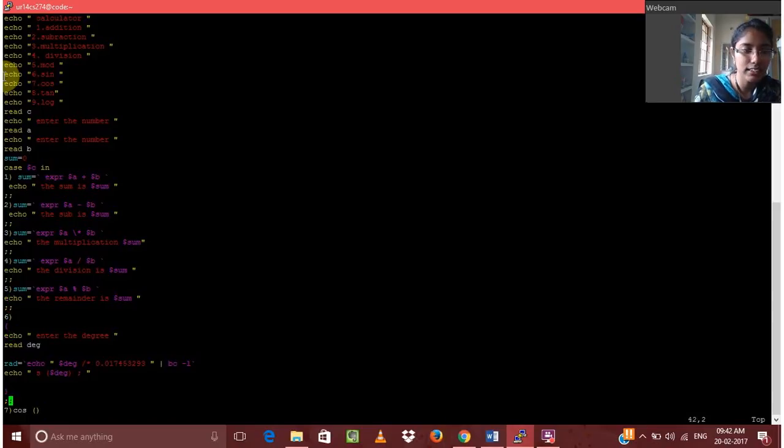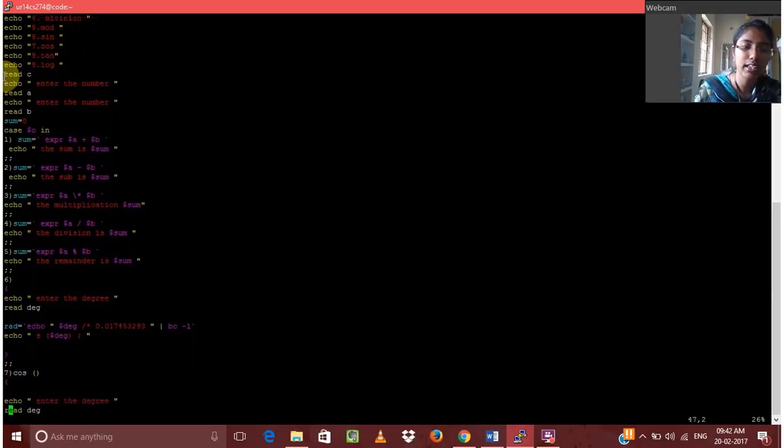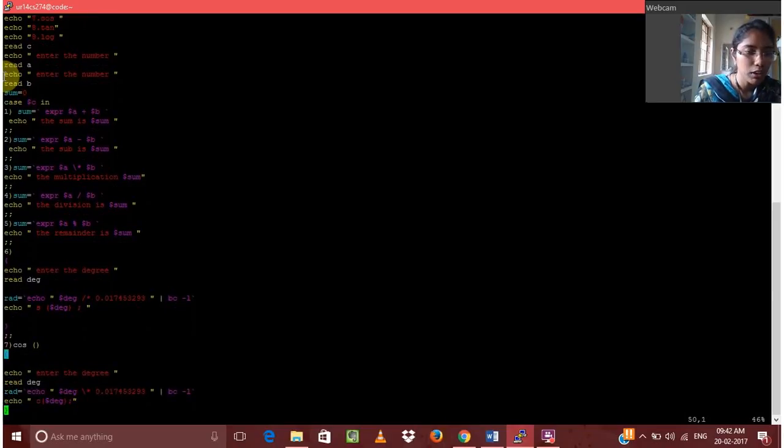The next operation is sine. I get the degree from the user and multiply degree by pi by 180. I've given pi as 3.14, and 3.14 divided by 180 gives the value 0.017453293. Then I multiply, and since it is a sine value, I initialized it with sine, and the degree will give the sine value.